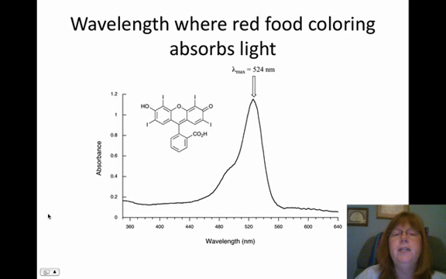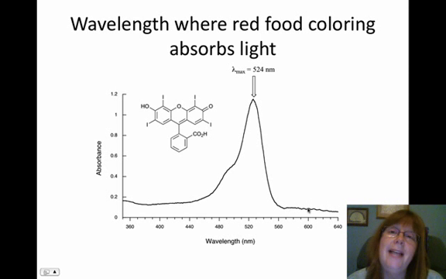And so our spectrophotometer was shining light, and it started down here at like 350 nanometers, and not much was absorbed, so most of this light was going through. But then when we got to a wavelength at 524 nanometers, our sample really absorbed that wavelength of light. And then the spectrophotometer continued with other wavelengths of light, and not much of that light was absorbed.